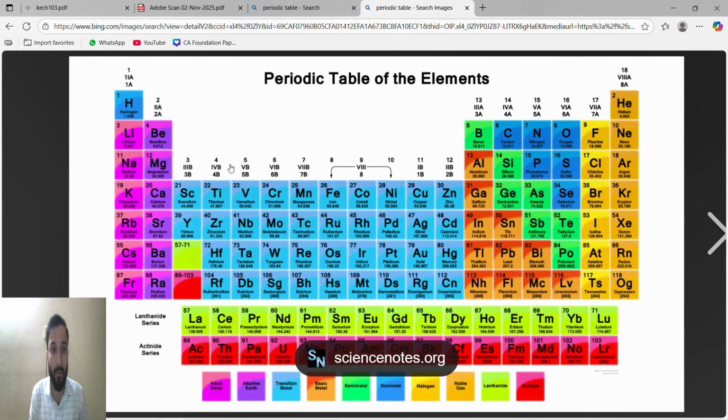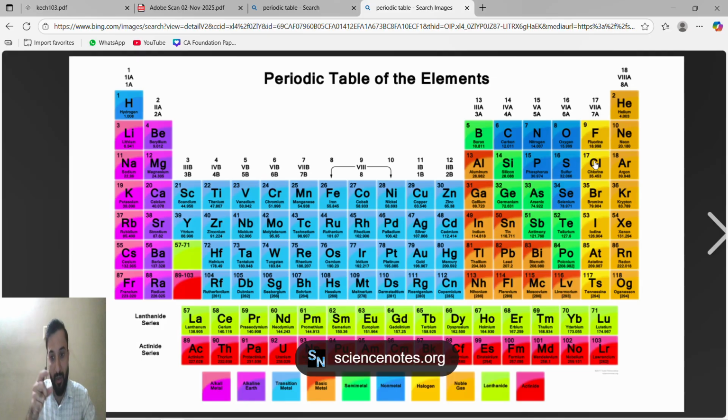So the periodic table is a chart which organizes, meaning it keeps everything in a proper, organized manner. It organizes all the known chemical elements according to their atomic number, like atomic number 1, 2, 3, 4, 5, 6, 7, 8, 9, 10, 11, 12, 13, 14, 15, 16, then their electronic configuration and chemical properties.